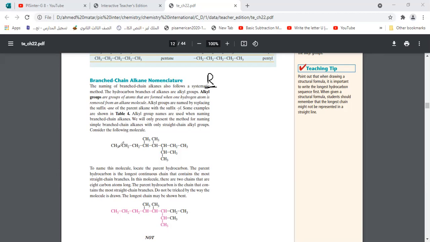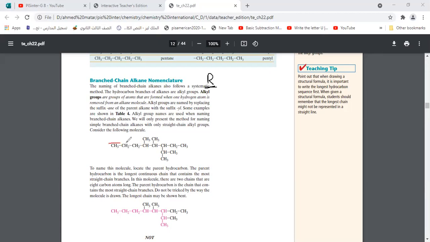That's 8 carbons, yes or no? Yes. Or if we count like this, 1 2 3 4 5 6 7 8, also 8. So the longest chain I could have is 8.